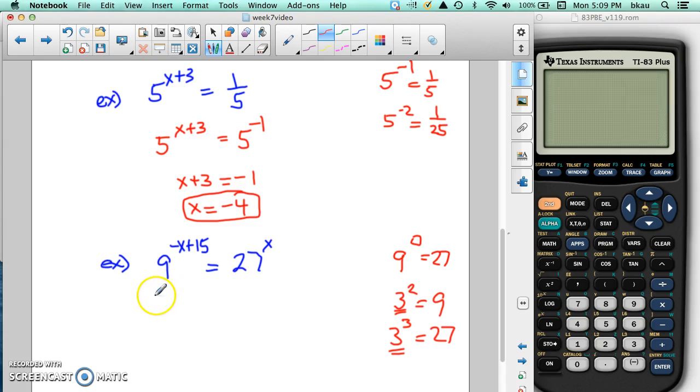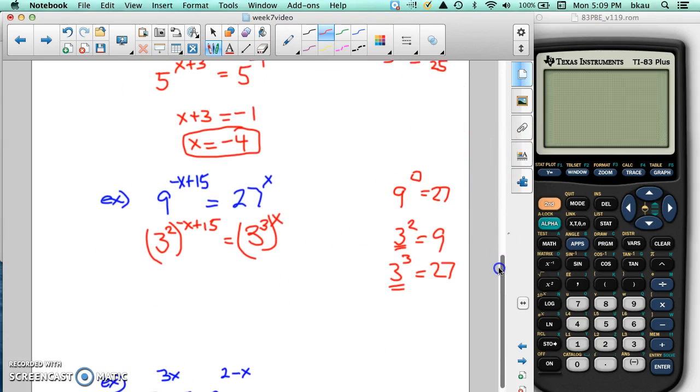So I'd rewrite this as 3 to the second, all raised to that power of negative x plus 15. And then this one is 3 to the third, all raised to the power of x. Now when we raise powers to powers, that means we multiply them.